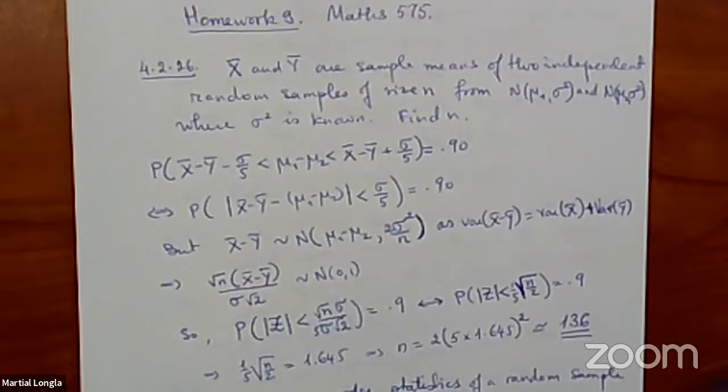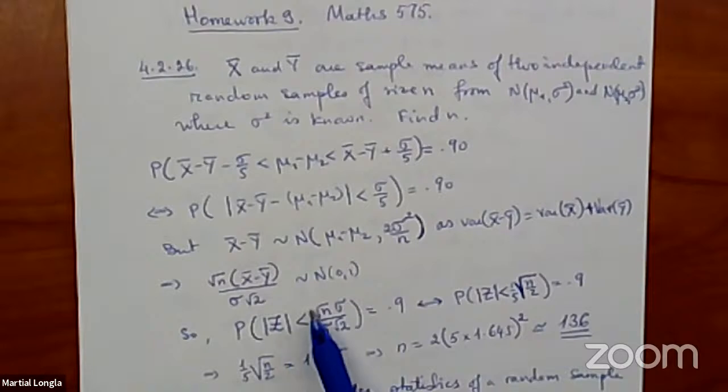It's not an approximation, it is exact. Therefore, this turns into the probability that the absolute value of z is less than root n times sigma over 5 sigma root 2, and the sigmas cancel. So we don't actually need the value of sigma to answer this question.